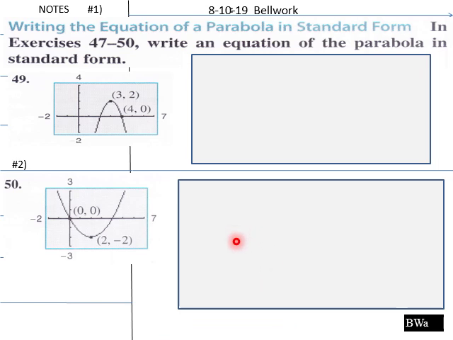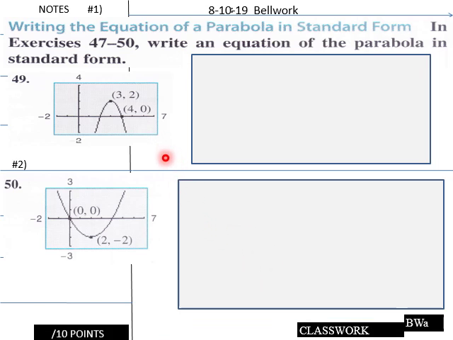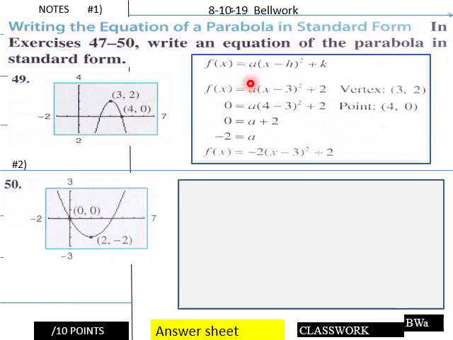Okay, welcome back for the solutions of your bell work for the day. For this one here, your first one up here, you're going to use the vertex form of a parabola. Your negative h would be your x of the vertex, which would be 3, and then 2.